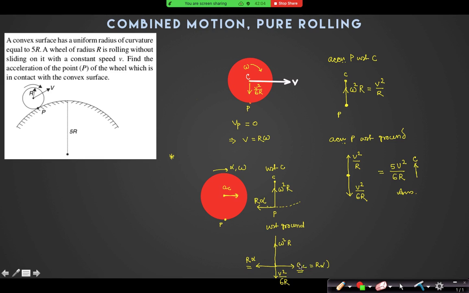So you can neglect this horizontal component of acceleration. So your answer will be the same, V square by 6R. The same answer will be there. It has no effect on the acceleration of the disk.